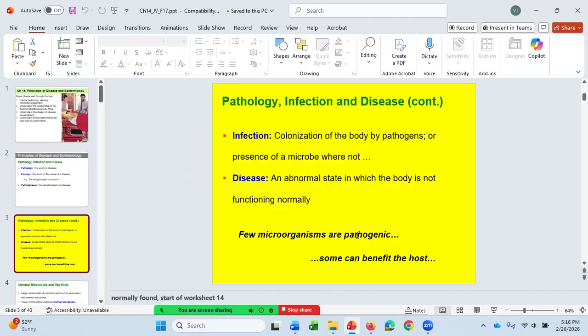Only a small percentage of all total microbial species can cause disease. Some microbes are even beneficial to the host, and we'll talk about some of those today. Any question about any of that?